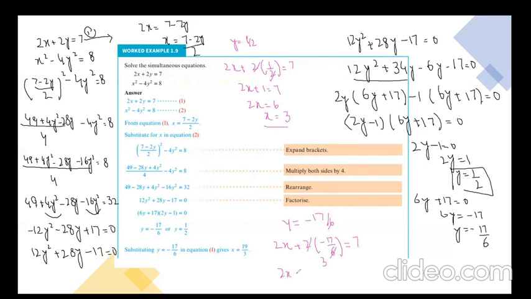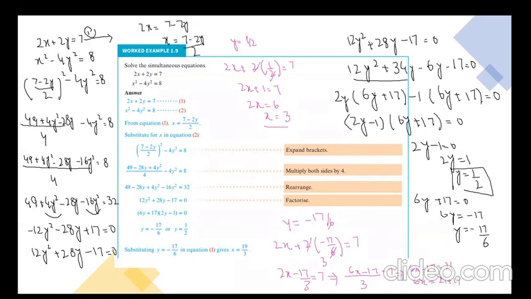So 2x minus 17 by 3 equals to 7. Now taking whole LCM 3. So 6x minus 17 equals to 21. Now 6x equals to 21 plus 17.